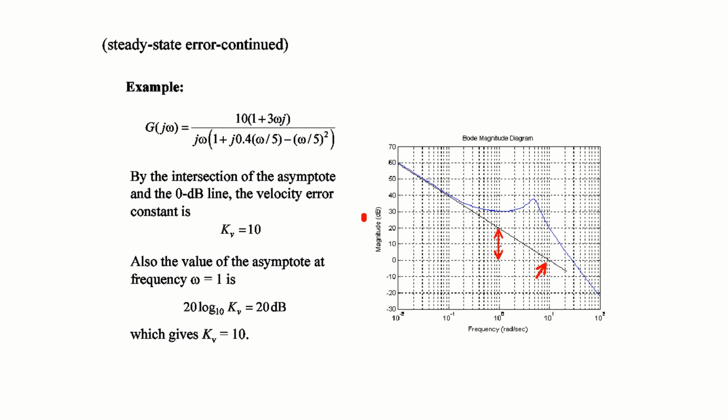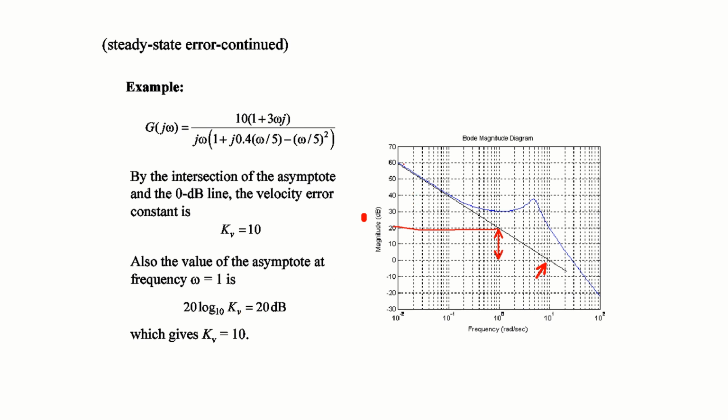Okay, so the minus 20 dB line, wherever it cuts 0 dB, see here, at omega equal to 1, you are getting 20 dB. 20 log Kv is equal to 20 dB.